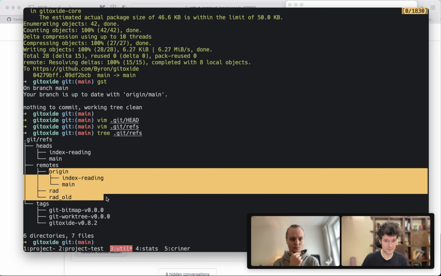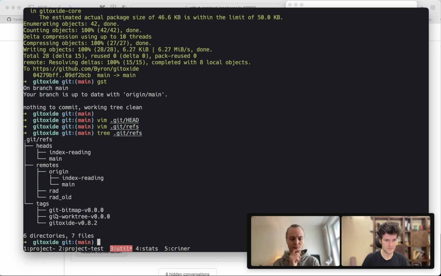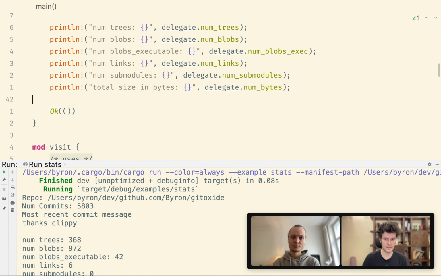That's branches that the remote knows. There's tags as well. And tags can have objects. We will see how we can view tags or references in Git Oxide, and print something useful that makes sense.